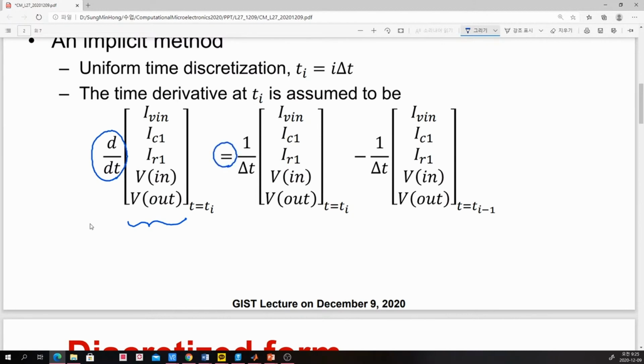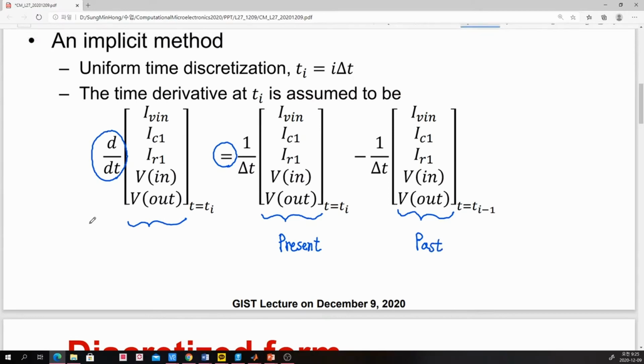This is an approximation due to the Backward-Euler scheme, and this is the present value, and we have no idea about it. And this is the past value, and we have full knowledge of it.